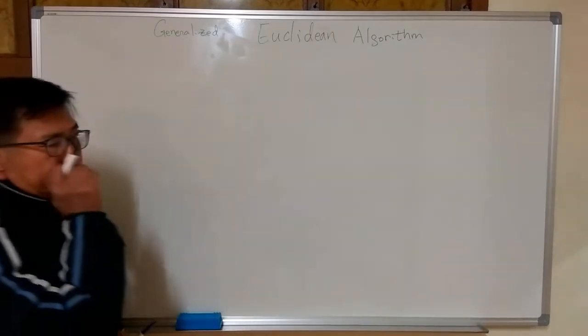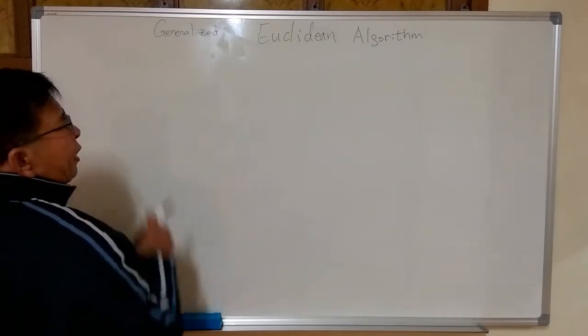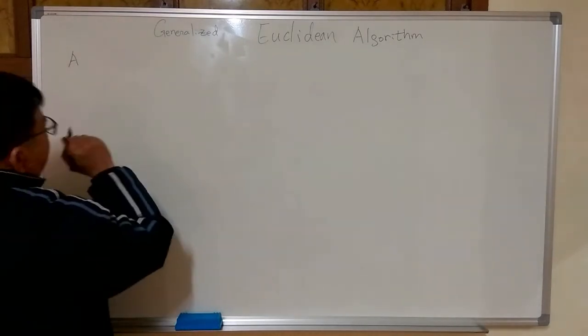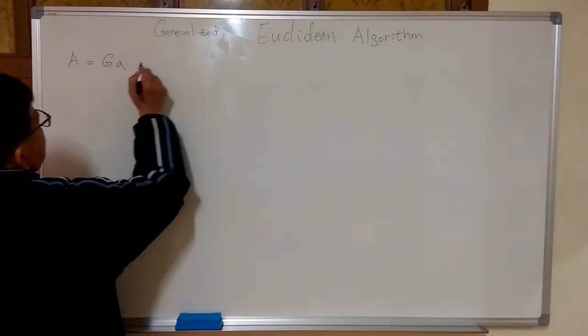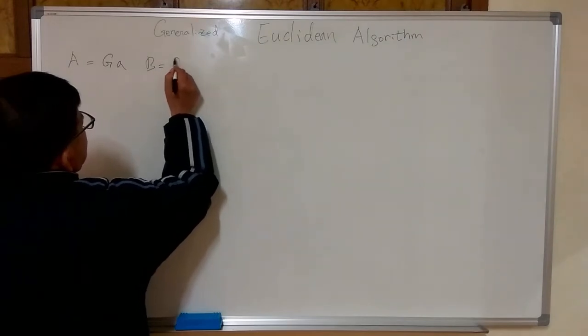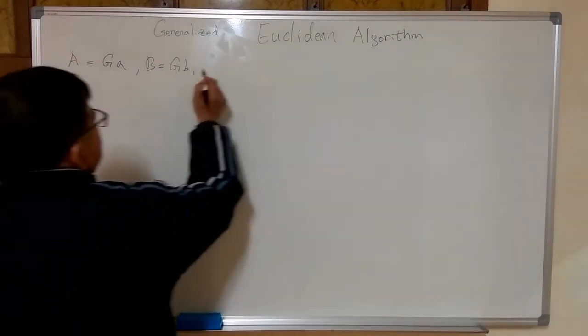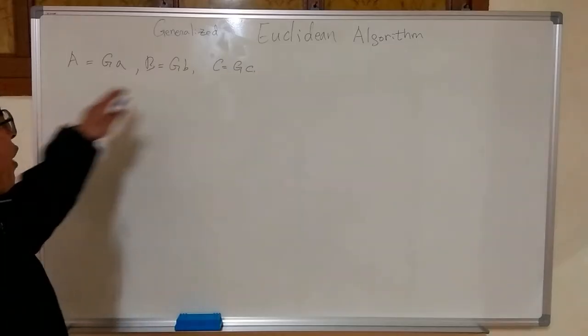So to recap my previous explanation about the Euclidean algorithm, I will let now three numbers A, GA, B, GB, and I will introduce another number C, like GC, like this. We now have three numbers.